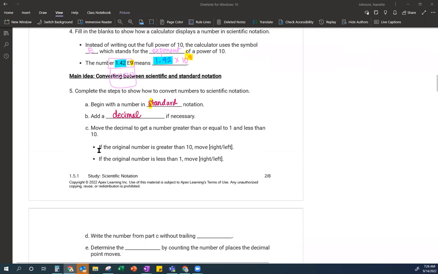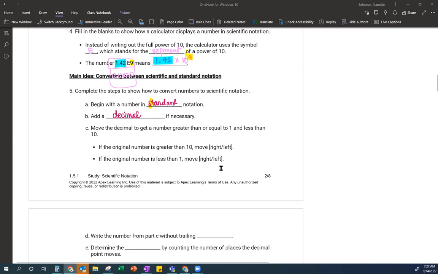So here it says you're going to move it. And if the number is greater than 10, you're going to move that decimal in a certain way. And if the number is less than 1, then it's going to be this way.